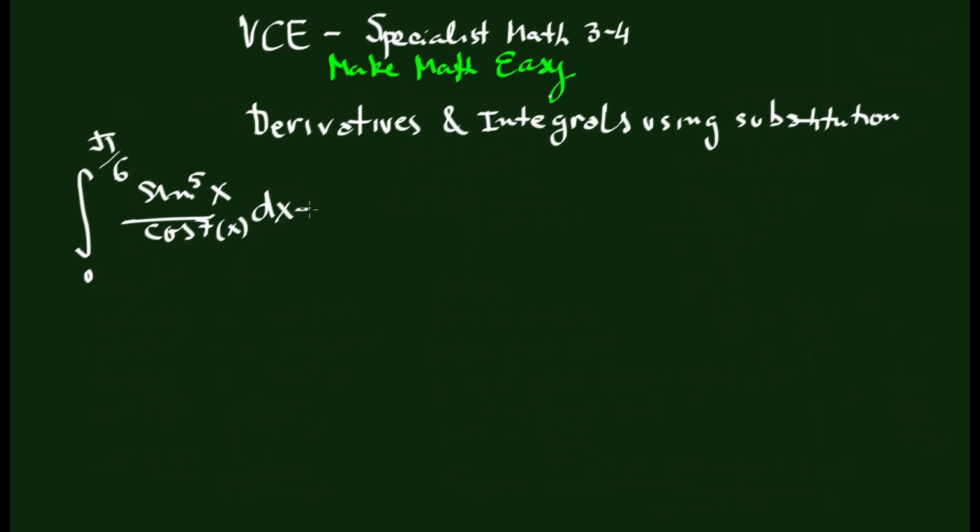What you can see first is that the power of sine is greater than the cosine, so sine divided by cosine gives us the idea of tangent.